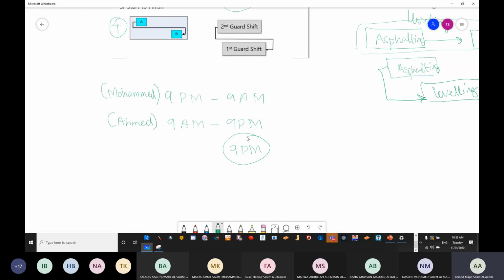Can I say like that? So once again, whenever Muhammad is going to start his duty, my duty is going to finish. If Muhammad has started his duty at 10 p.m., then I can only leave at 10 p.m.